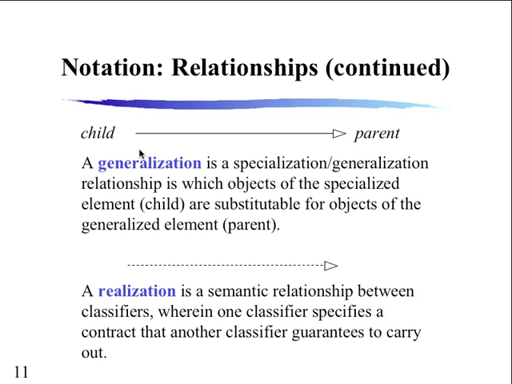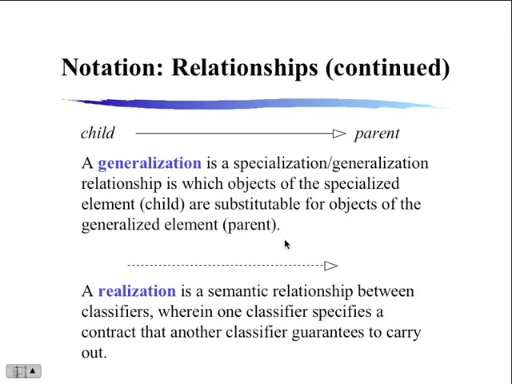We have these different types of shapes, and they would be represented with an arrow, essentially. And a solid one says there's a direct one-to-one relationship, a generalization or specialization. So the child is a substitute for an object of the generalized parent.